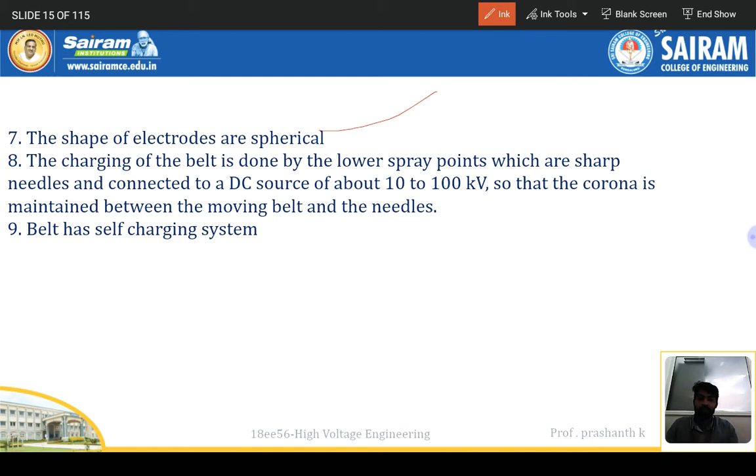It depends upon the voltage, and also on the corona maintenance between the moving belt and the needles. The belt has a self charging system, for the movement of these positive charges.